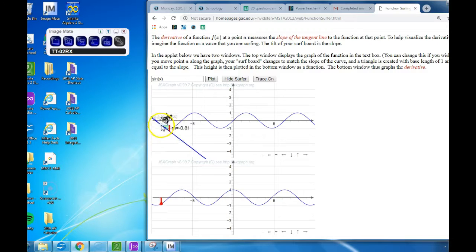As I go, is my slope getting less negative or more negative? Less negative. So like right here, it's approximately -0.5. My y value down here is now approximately -0.5. Right here, let's see if I can line this up perfectly. No, but close. My slope is 0.01. It's basically flat right there. So the y value down here is 0.01, or basically 0.